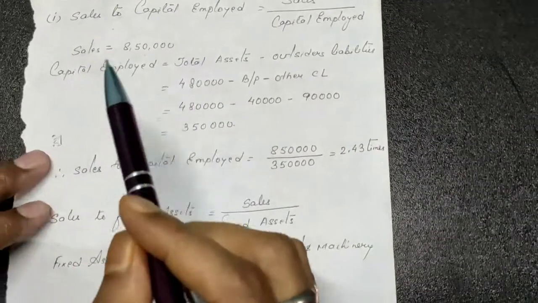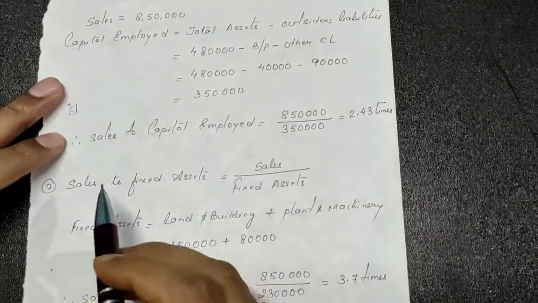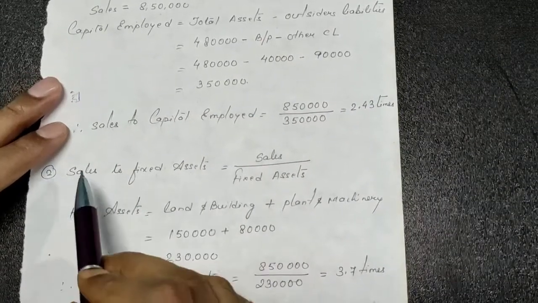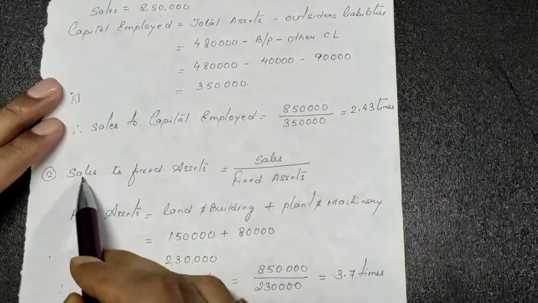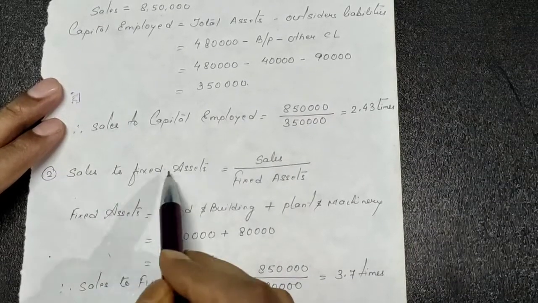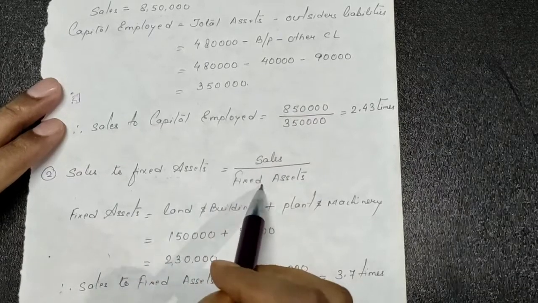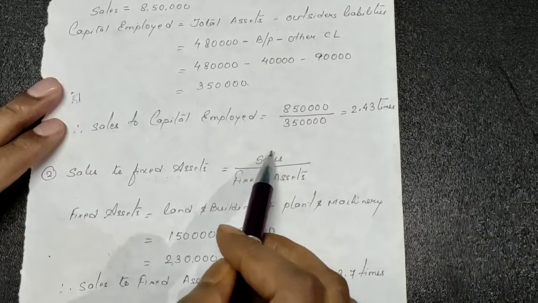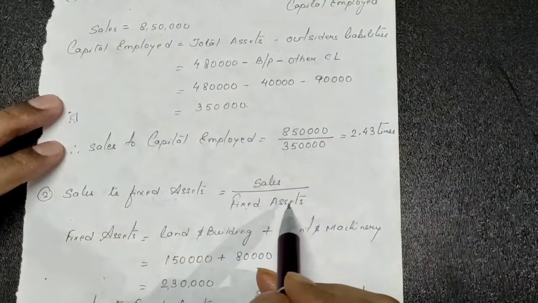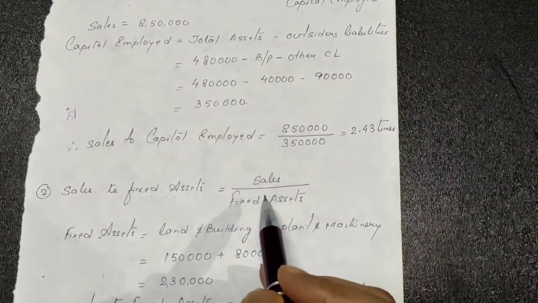Now let us move on to the second formula here. You see, sales to fixed assets. Now sales to fixed asset, as per the sentence, the formula is very clear to us. Sales divided by fixed asset. As we have done earlier, sales we know is 8,50,000. We'll take that. But what about the fixed assets? So fixed asset, you will get it from the question.